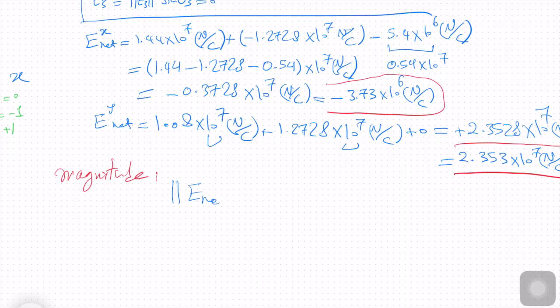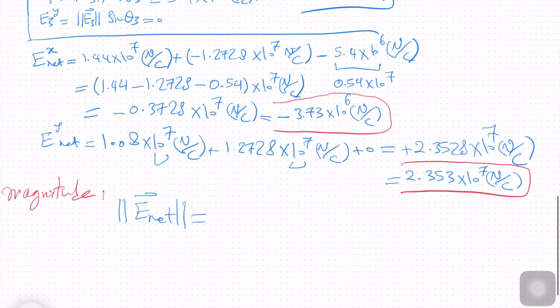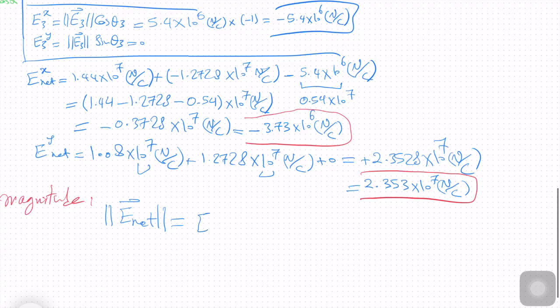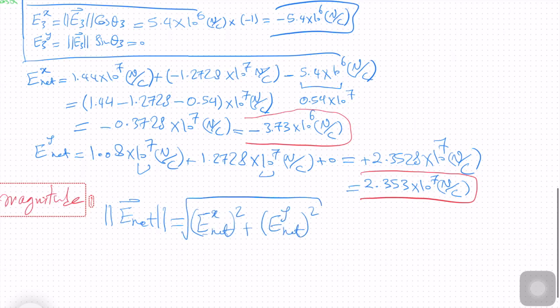The magnitude of the net field is equal to the square root of its x component squared plus y component squared.